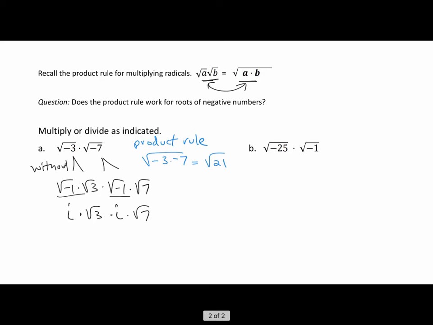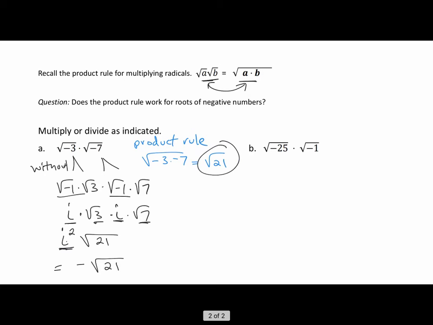So outside the radical, I have i times i, so that's i squared. Inside the radical, I have 3 times 7, so 21, doesn't simplify. And i squared, remember, is -1. So that means this would be the negative of the square root of 21.